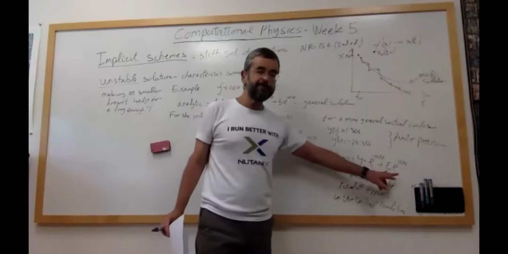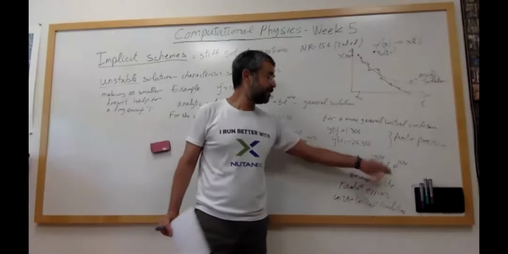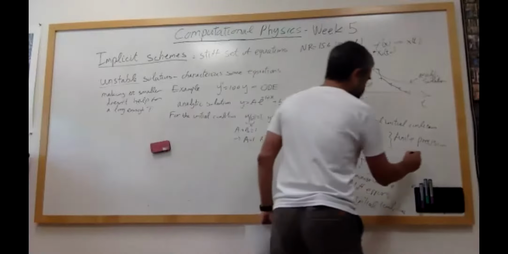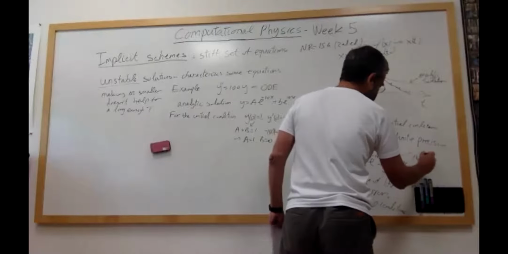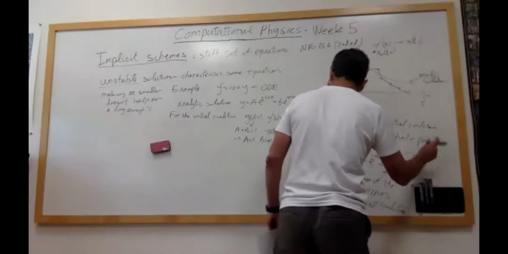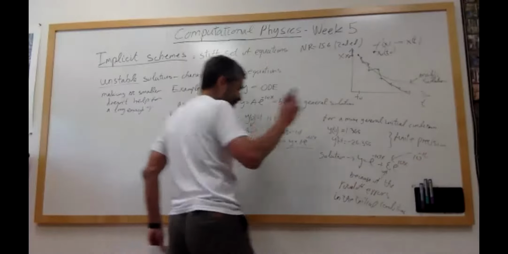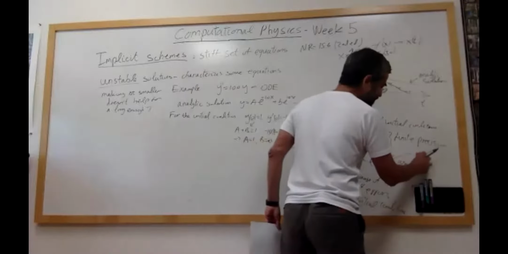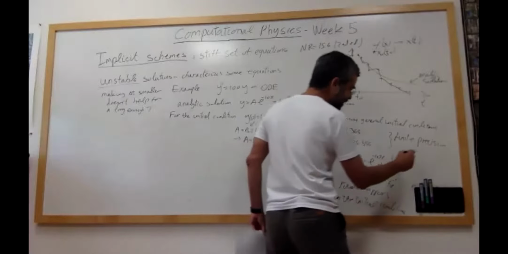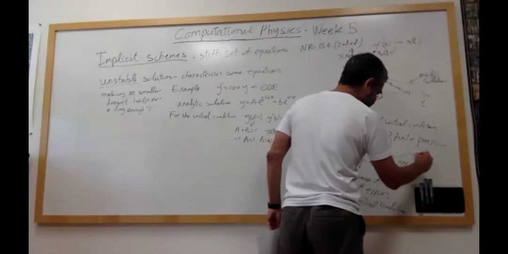So there is a very small error, maybe 10 to the minus 16, which, as we learned, is the smallest number you can get. Let's say it would be 10 to the minus 10.